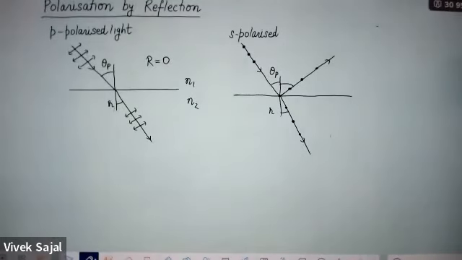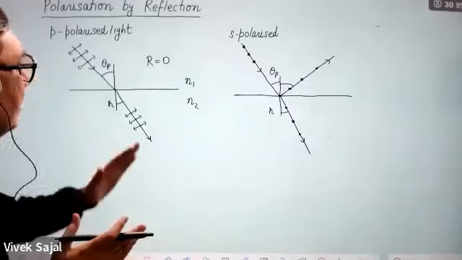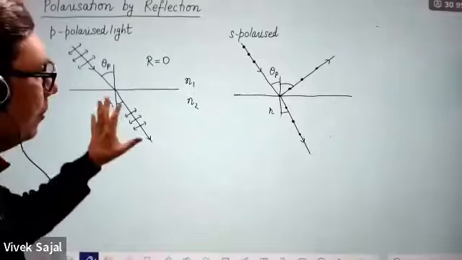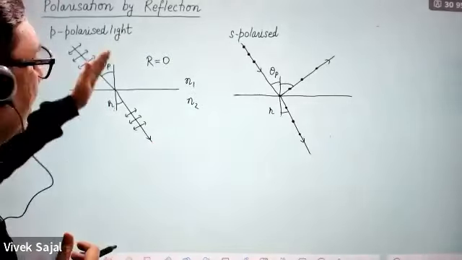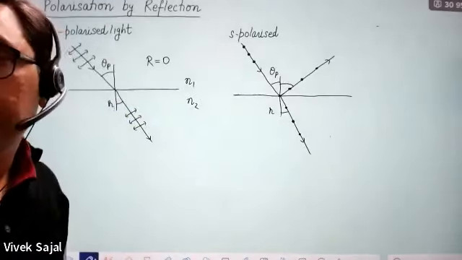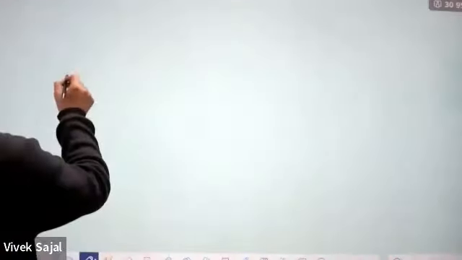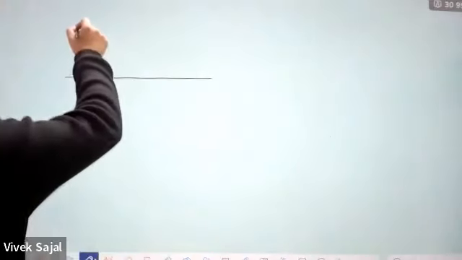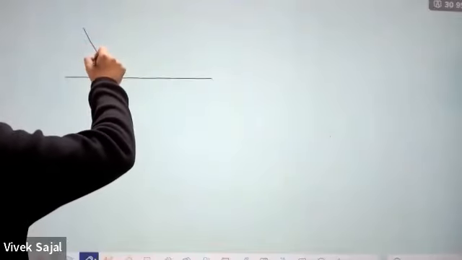Now suppose we have unpolarized light that is incident at the polarization angle. Now I want to combine these two. Suppose unpolarized light is incident on an interface at the polarization angle theta p, then what will happen? Here we have unpolarized light, incident at the polarization angle.